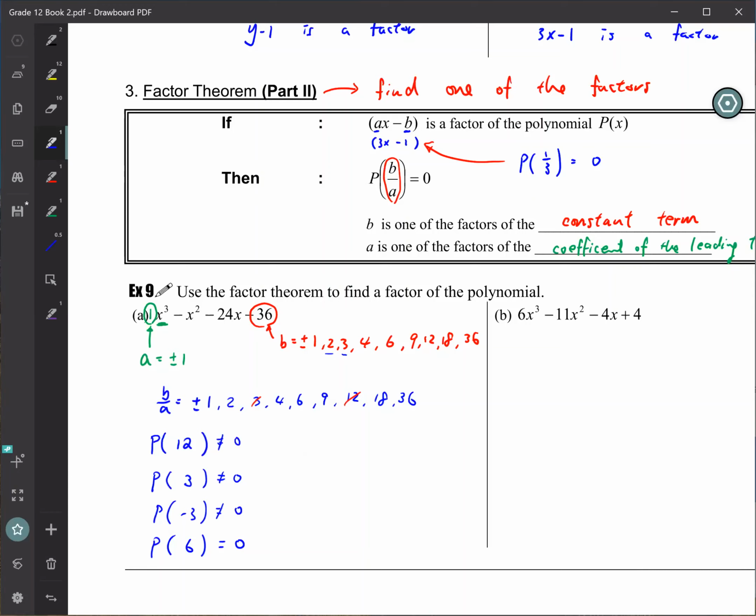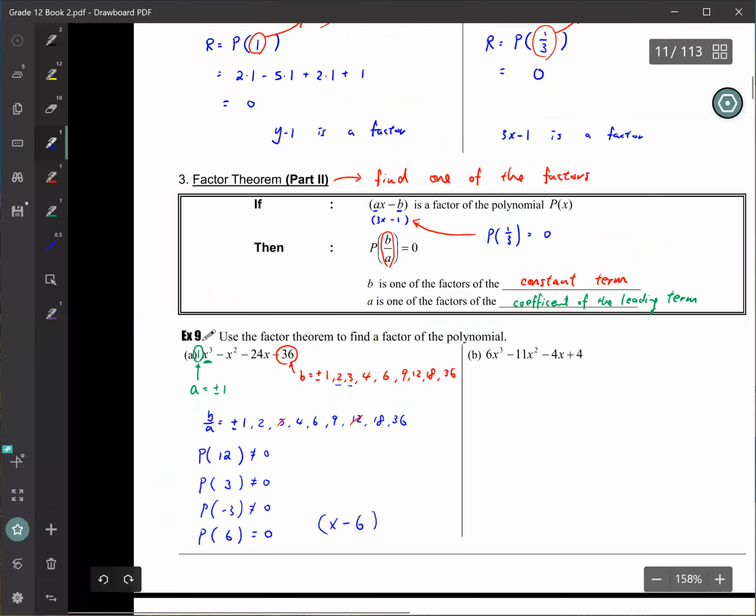How do we write out a factor? Cindy? What's the factor? X minus 6. Yes, okay, x minus 6. Because we are doing backwards, right?